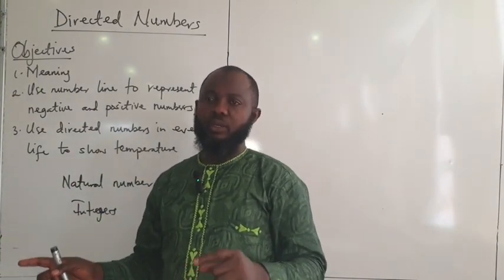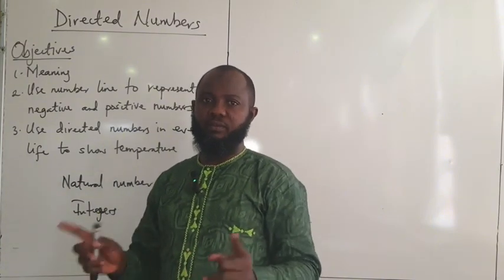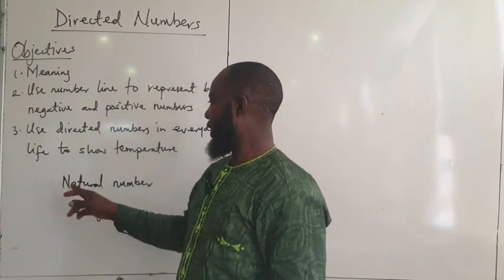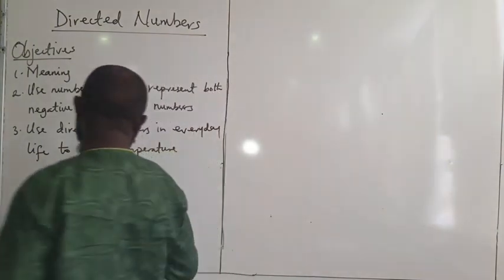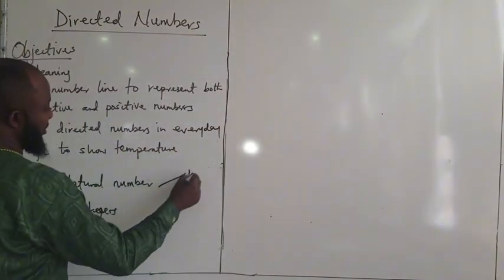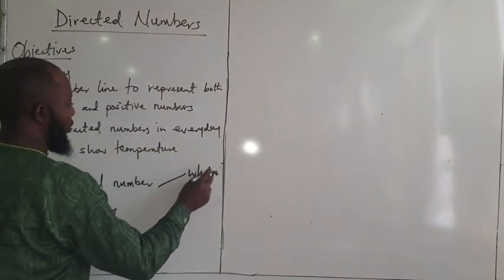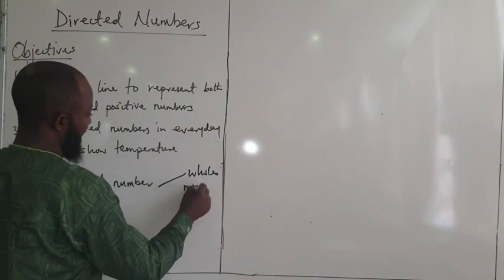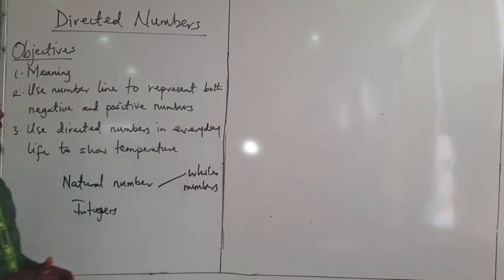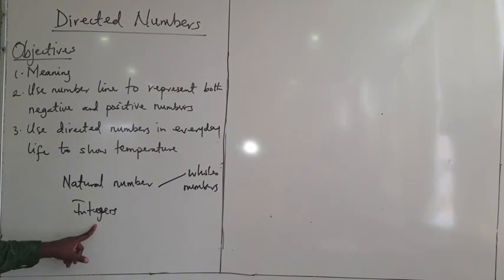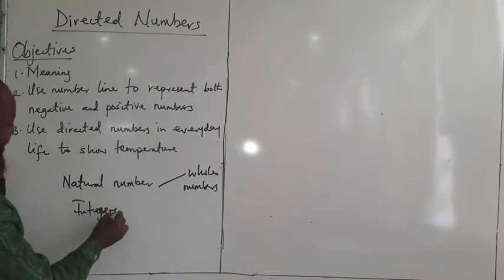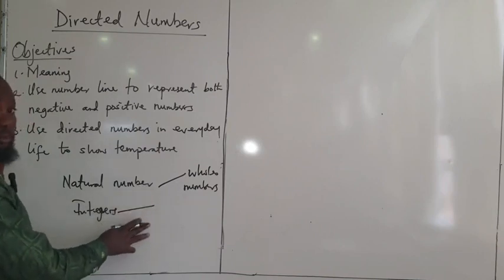I hope that is clear. Which means natural numbers are whole numbers. So we're talking about whole numbers when we talk about natural numbers, right? While integers are also whole numbers, which include all the natural numbers.